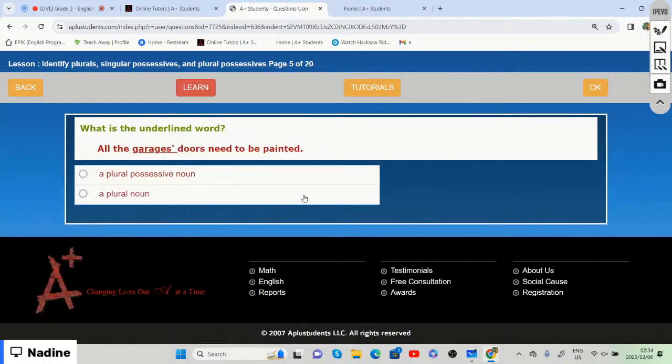All the garage's doors need to be painted. So the garage's doors need to be painted. Is that a plural possessive noun or a plural noun?